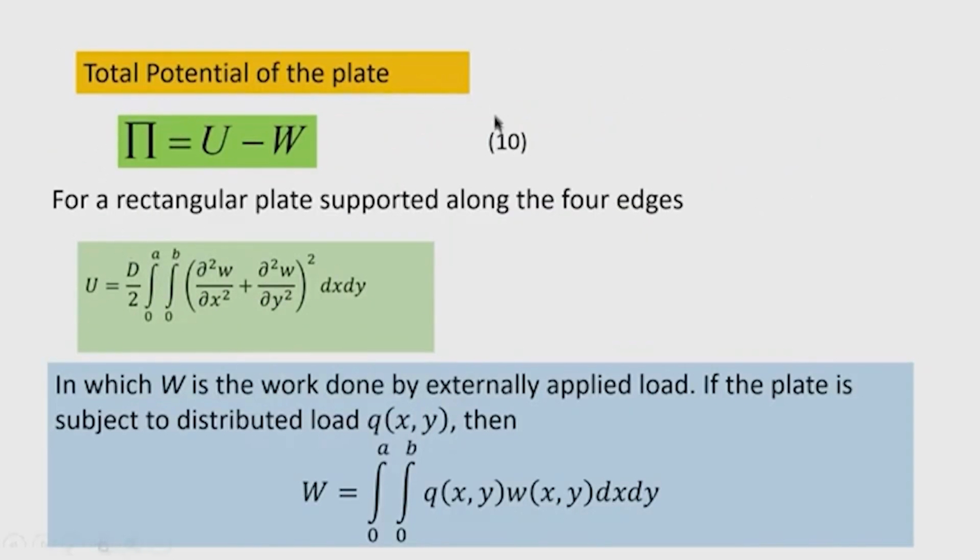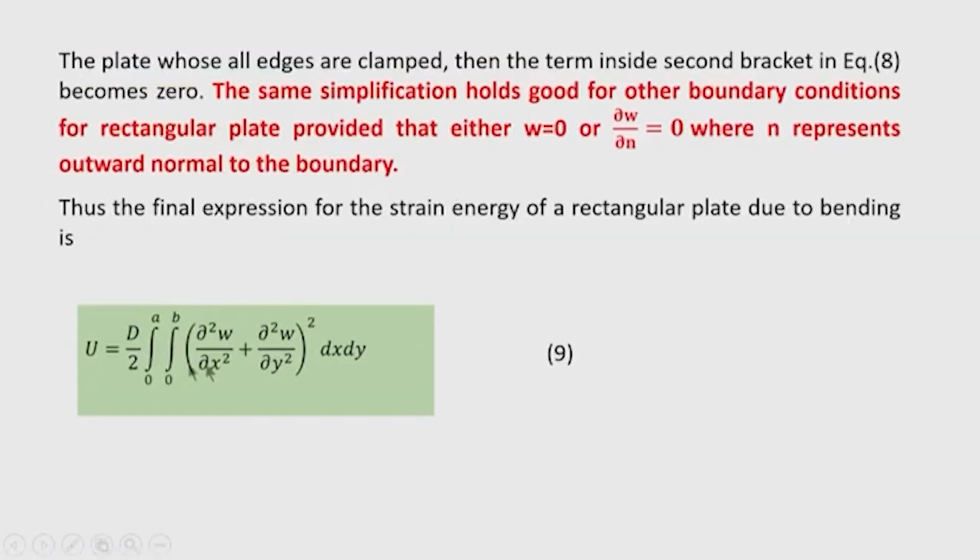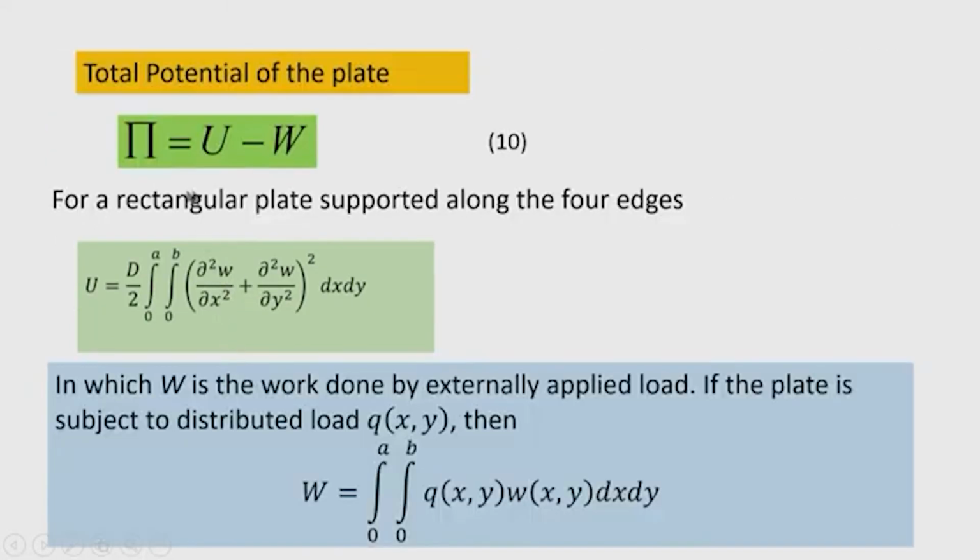So, knowing the strain energy expression for the plate or any structural element, whether it is a beam or other elements, then we can find the total potential of the system. Here I am mentioning plate because the course is focused on the plate only, but this term that I have written, pi equal to U minus W, can be used for any type of structural element also.